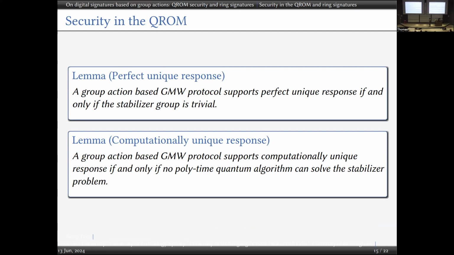We need that this element's stabilizer group is trivial, which just means the automorphism group is trivial. Also, for the computational unique response, we assume there is no polynomial time quantum algorithm that can solve this stabilizer problem, that is, find a non-trivial automorphism.